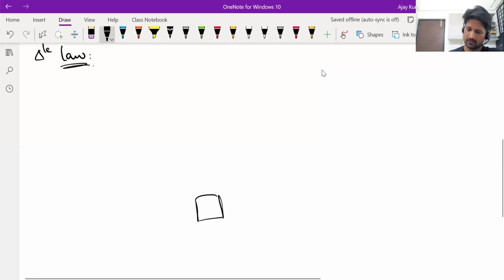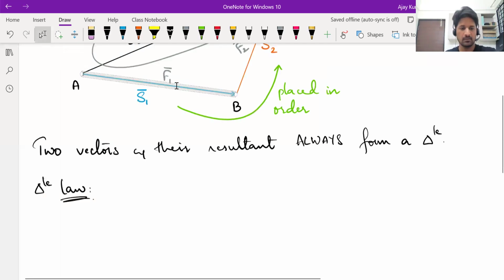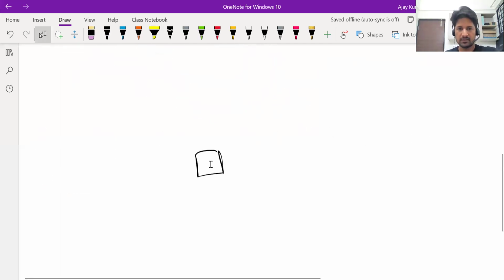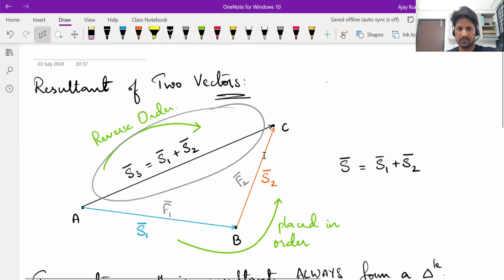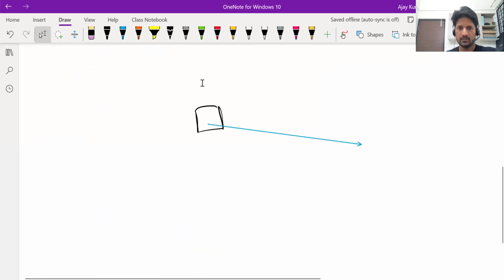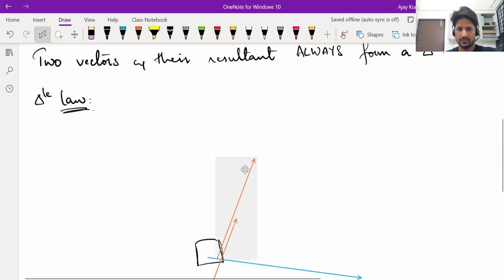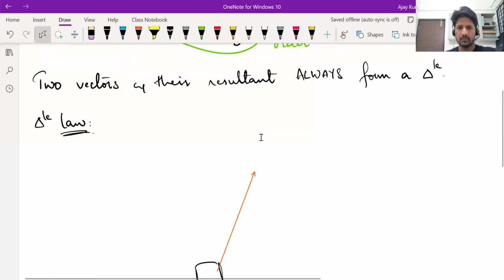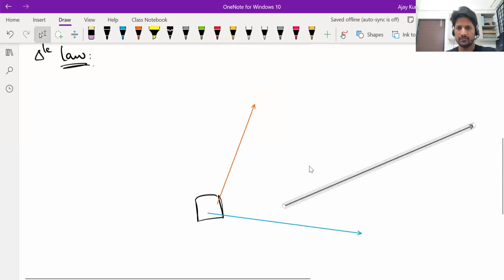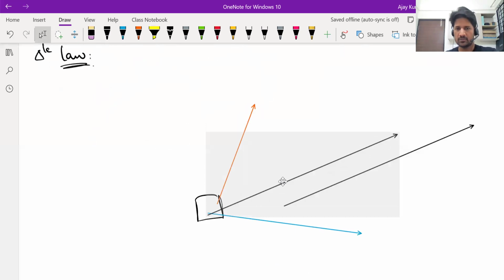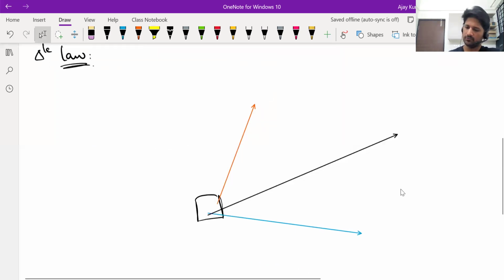If an object is pushed by one force in this direction and another force at the same time in this direction, then effectively it will behave as if the combination of the forces makes the body move this way.